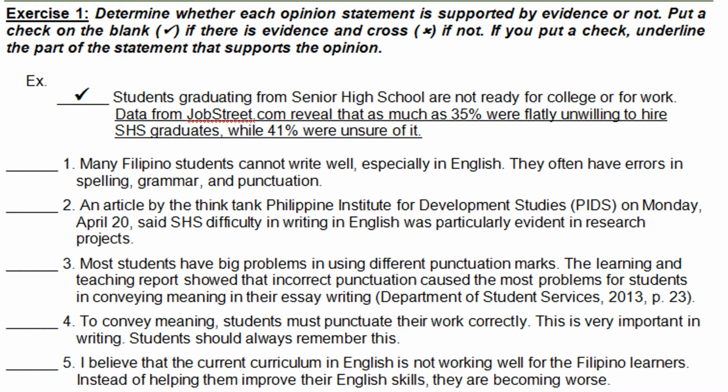Okay, so this is a check because we have some evidence from jobstreet.com. So there's a survey that says 35% were flatly unwilling to hire senior high graduates, while 41% were unsure of it. So it has an evidence for the opinion that students graduating from senior high are not ready for college or for work.